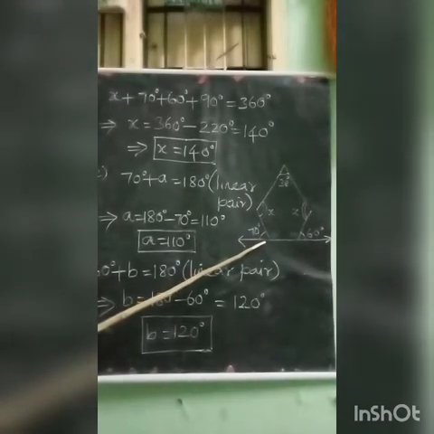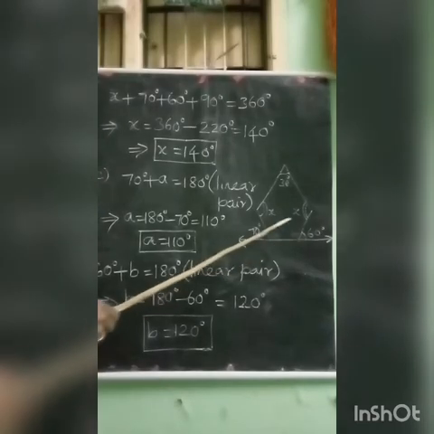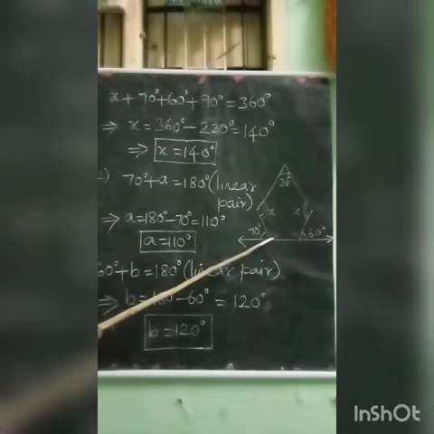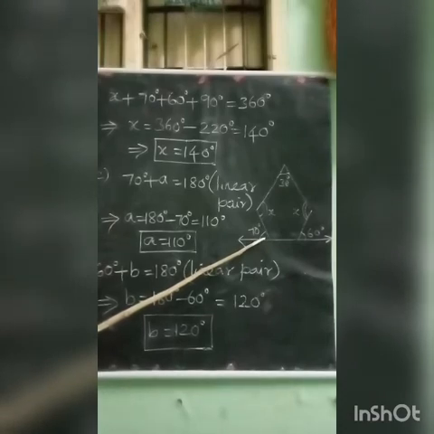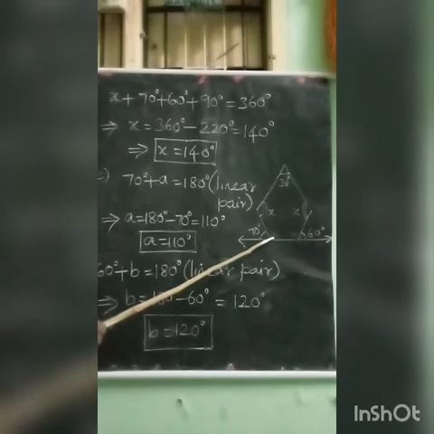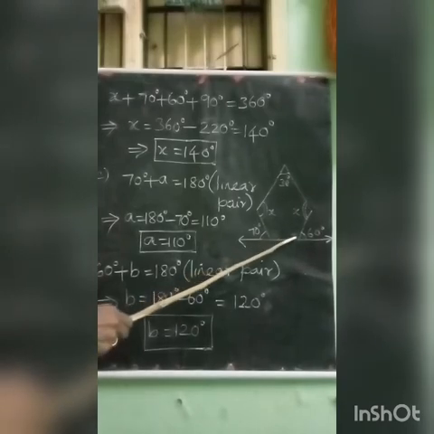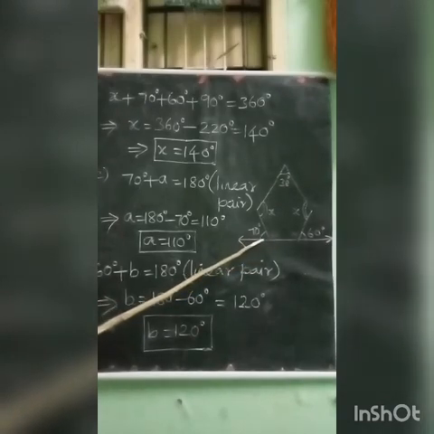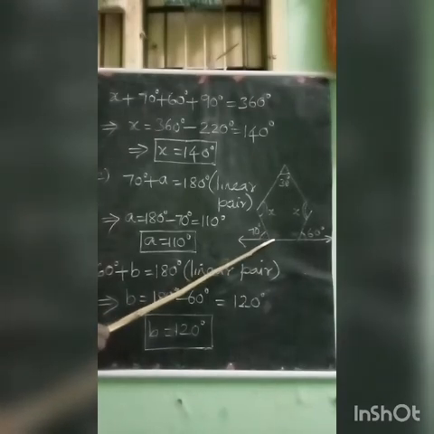Here, first, using these exterior angles, we find the adjacent angles. One exterior angle is 70 degree. Let the interior angle be A, and the other unknown angle be B. 70 plus A is 180 degree. 180 means the two angles are linear pair.